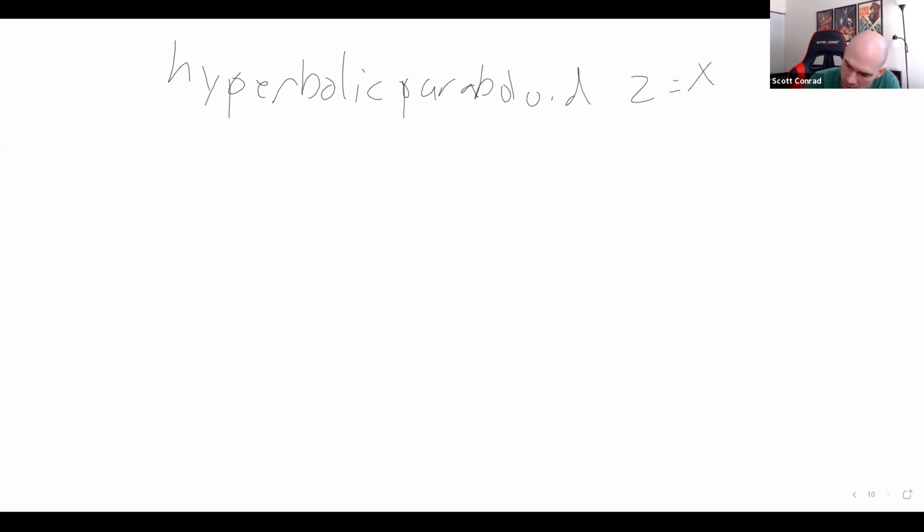So remember that was z equals x squared over 4 minus y squared. And I'm going to attempt, foolishly, to sketch this. So before I draw the axes, let me do it. So that's going to look like this.